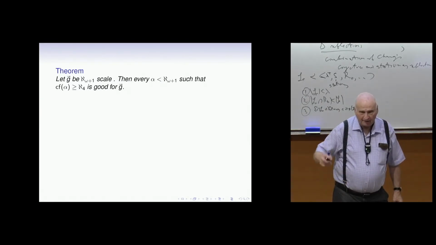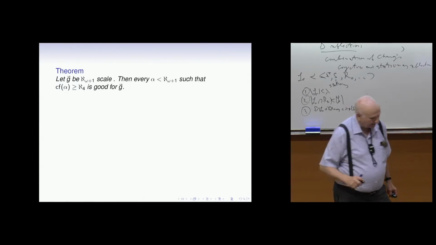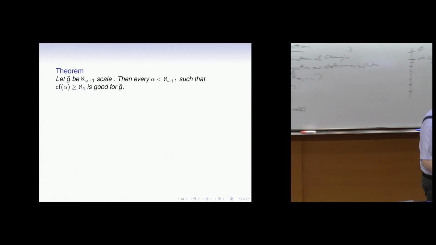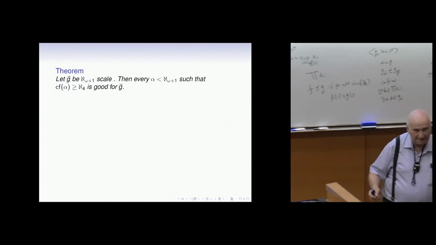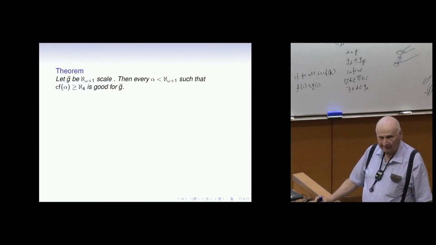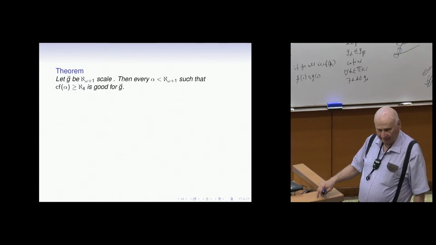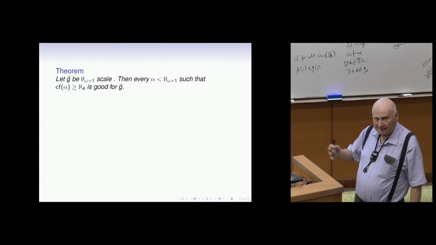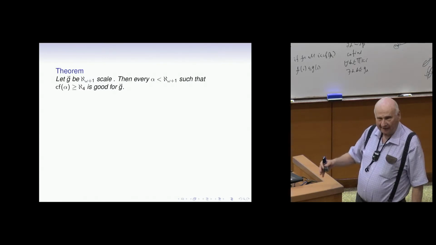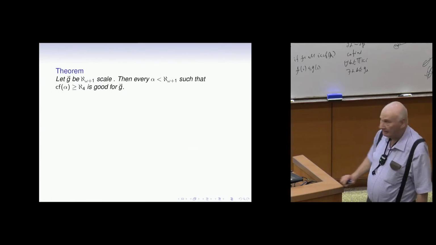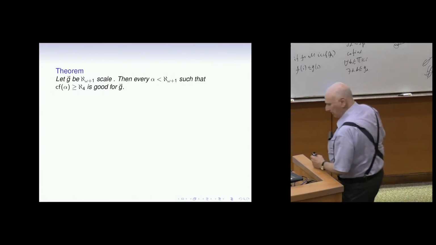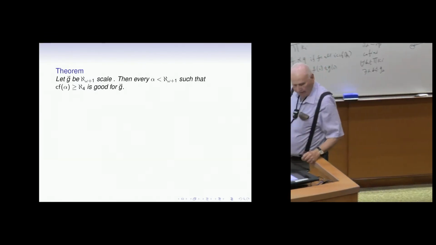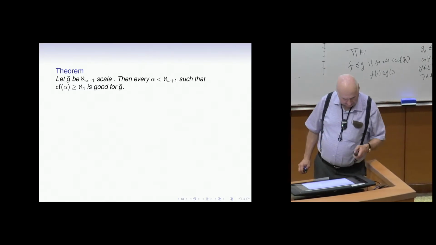Namely, those which have large enough cofinality are automatically good. Where does Aleph 4 come from? It's exactly the same proof that goes into Shelah's bound for 2 to the Aleph Omega, where if Aleph Omega is a strong limit, it is less than Aleph Omega 4. It's exactly the same analysis that gets you Aleph 4, gets you the analysis here, and the fact that these points are good.